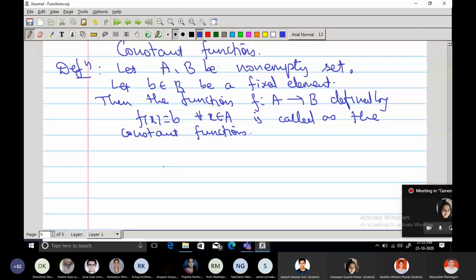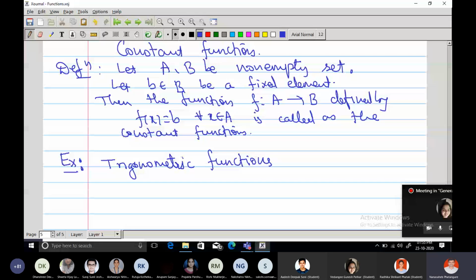Now, the functions which you already studied before, like trigonometric functions. Yes, for the identity function, the graph will be a straight line passing through the origin.